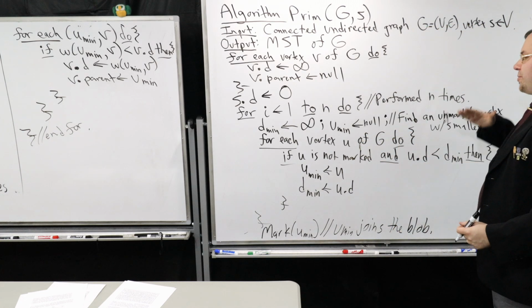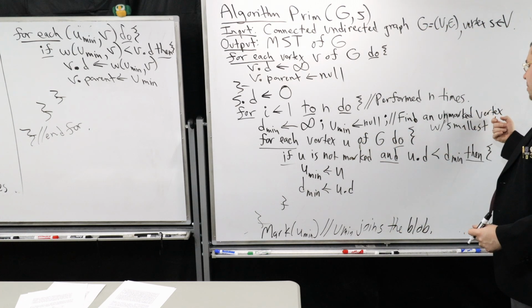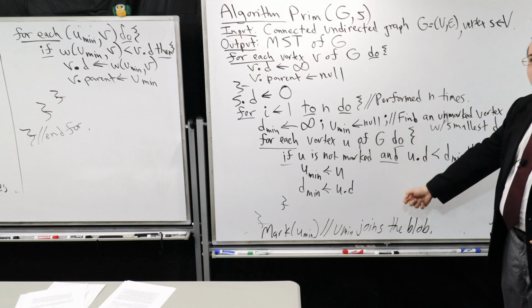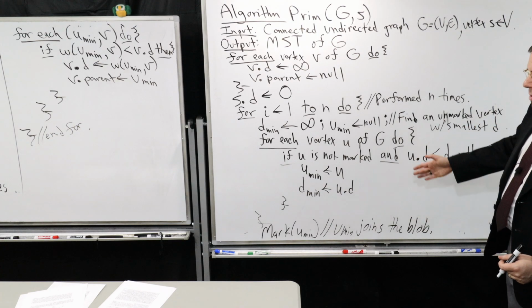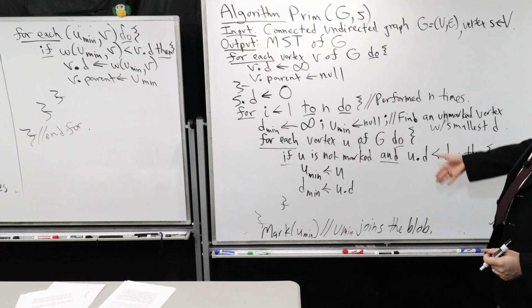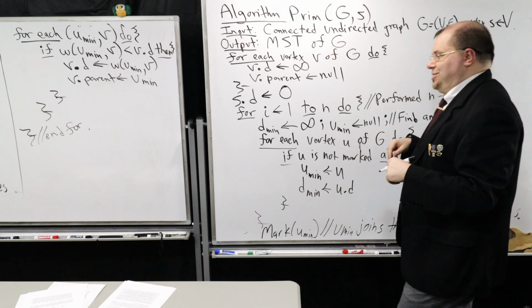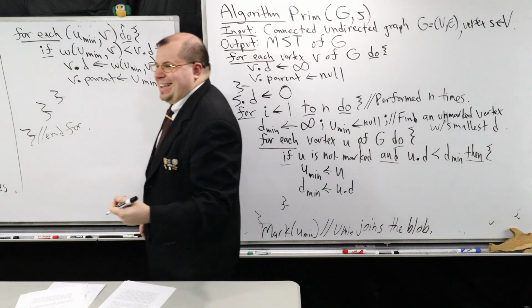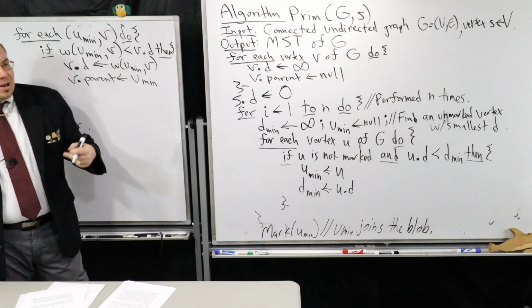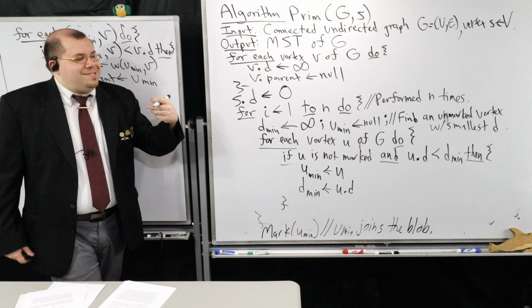So I go through each one. I pick the one with the smallest D. The blob devours that vertex by marking it, and then it simply updates all of the distances or least weight edges. That's why I call it D, because you think of it like a distance. But it's not, it's a distance from the laziness of the blob.